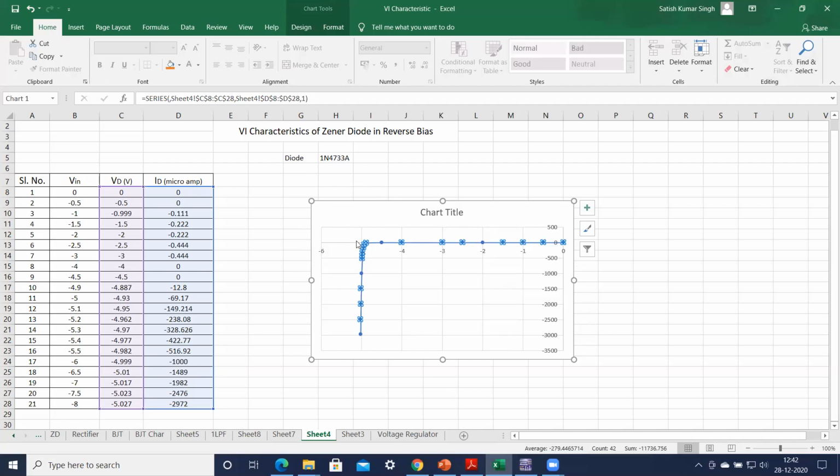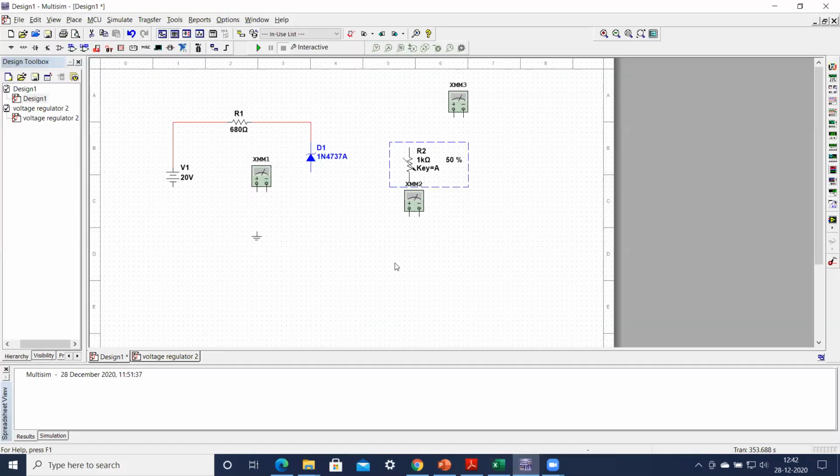In this case, the Zener breakdown voltage was somewhere around 5 volts, and this particular curve we have already obtained. Similarly, if you want, you can obtain the VI characteristics for this particular diode 1N4737A, and you will find that the breakdown voltage for this diode is around 7.45 volts. We are not interested in that here, but just for the sake of completeness, I am telling you this particular value.